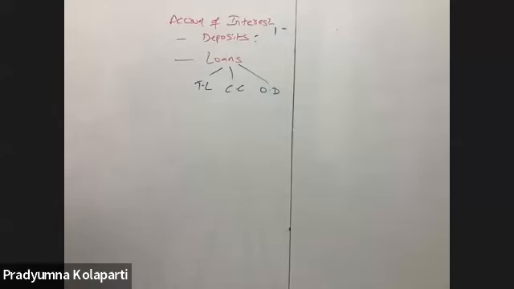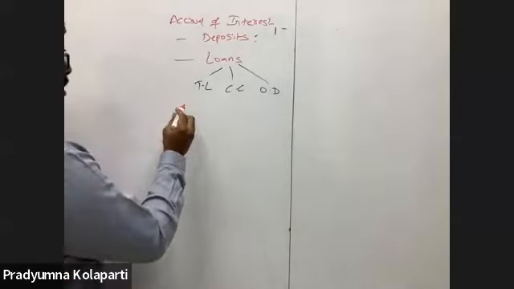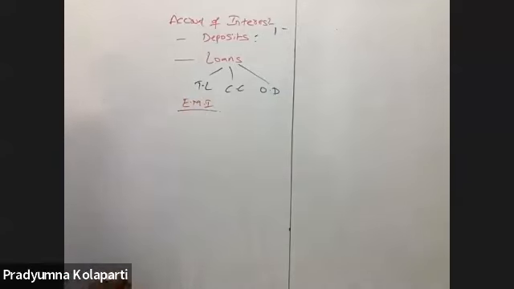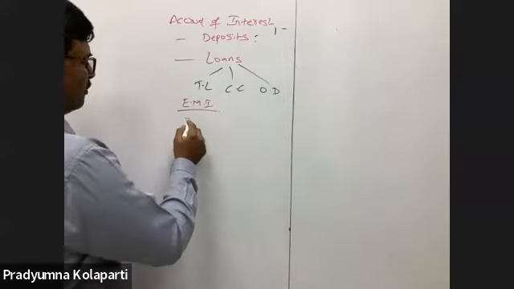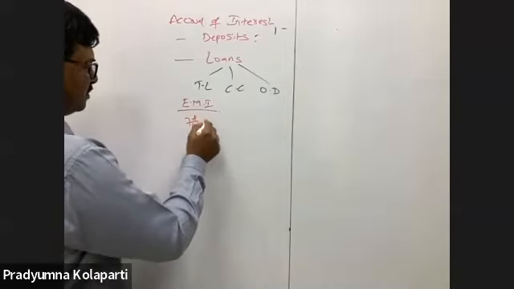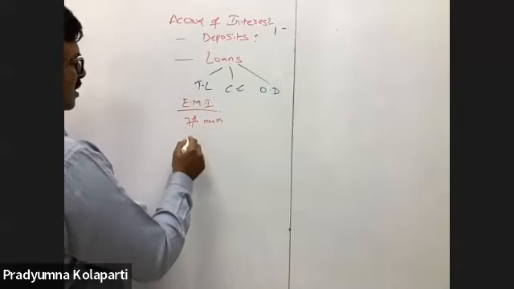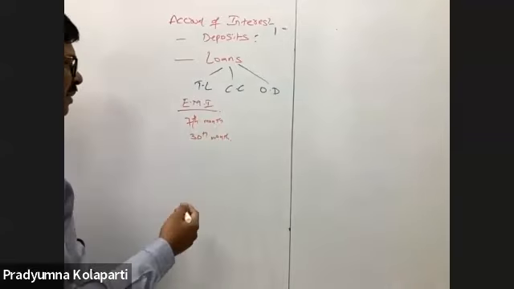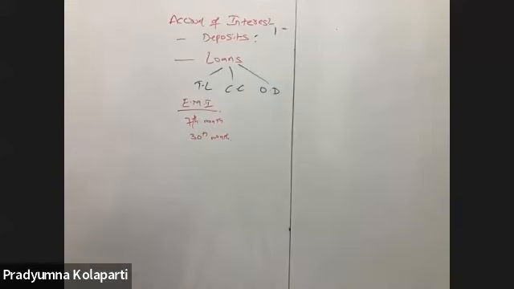In case of a term loan, there will be EMI, and EMI will be due on a particular day. There may be a date of 7th of every month, or 30th of every month, it can be any date.